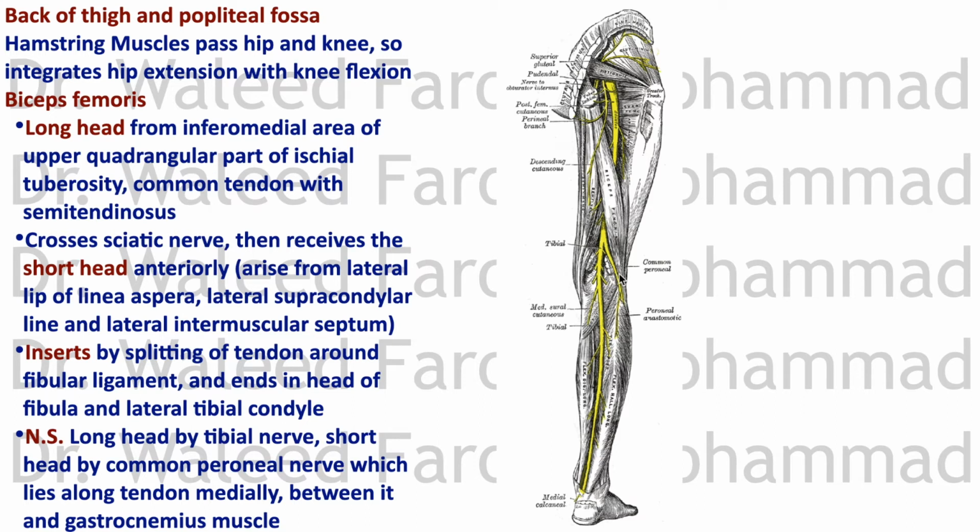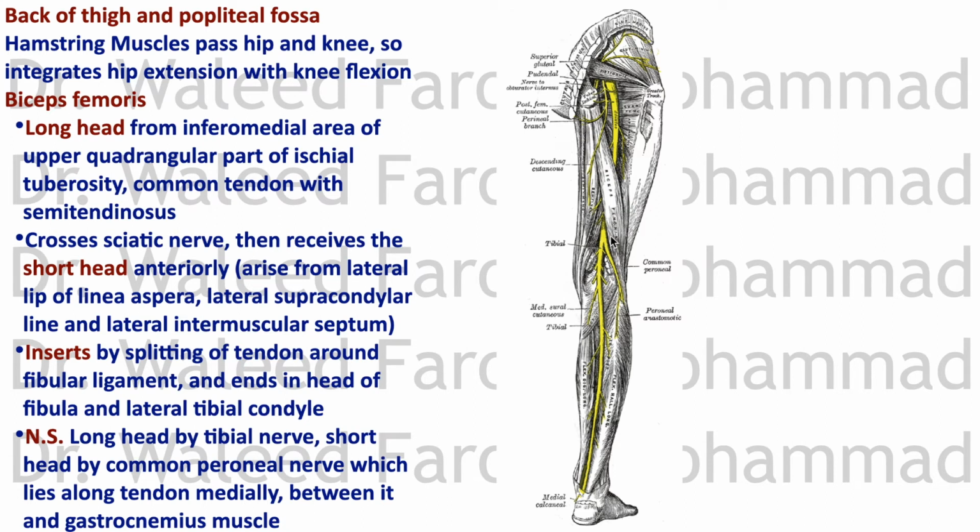So it's not in the styloid process of the head. The styloid process of the head is attached to the lateral ligament or the fibular collateral ligament, but the biceps splits around the ligament and attaches to the head of the fibula and the tibial condyle. The nerve supply of the long head is by the tibial nerve and the short head by the common peroneal nerve.